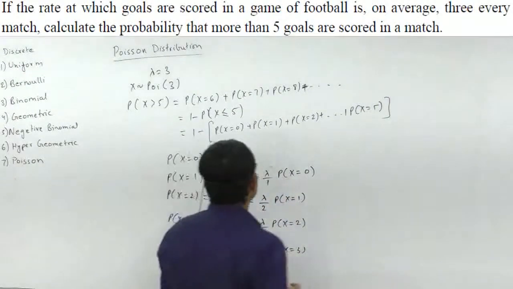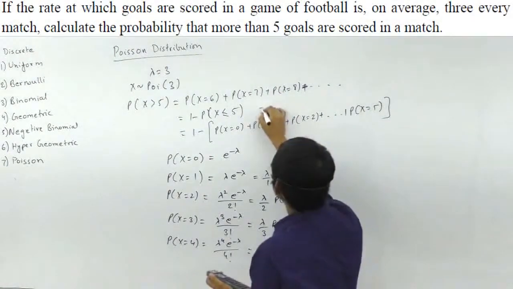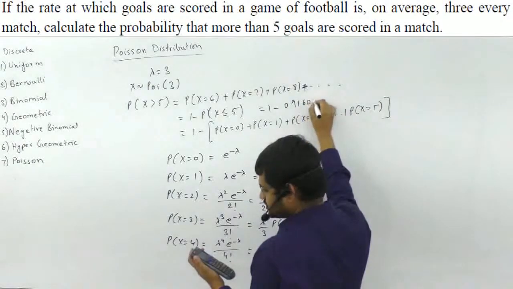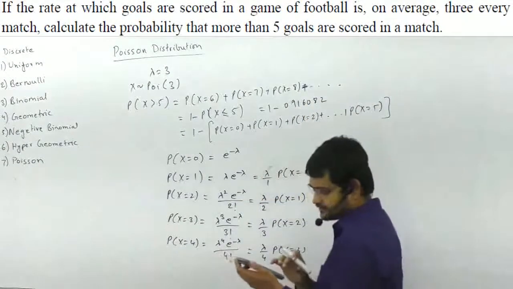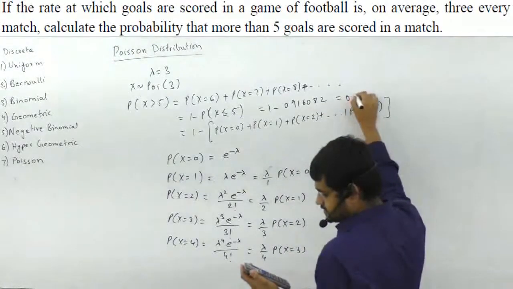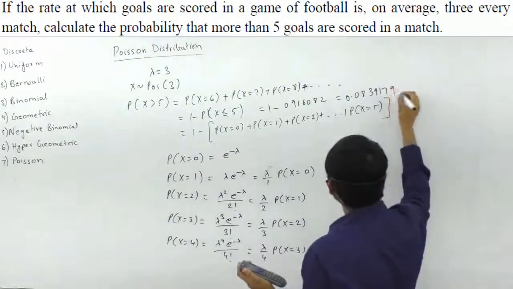So it is 0.916082. This probability is nothing but 1 minus 0.916082. All I have to do is 1 minus answer, and that gives me 0.083917.